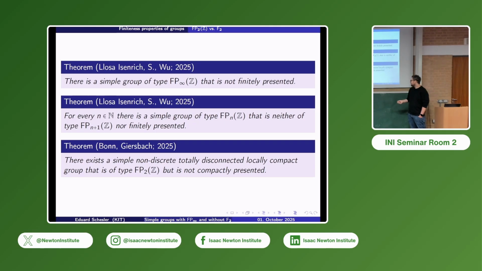Interestingly, very recently, this kind of results seem to be in the air currently. I got several emails asking this question, and in the TDLC world, the non-discrete, totally disconnected, locally compact groups, a few weeks ago the corresponding result appeared by Bonn and Giersbach. They showed that there are non-discrete, totally disconnected groups that are not compactly presented, which is the analog of finitely presented in the class of TDLC groups, but they are still of type FP2.